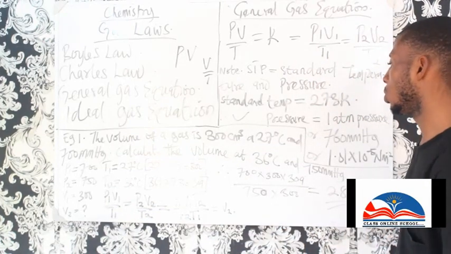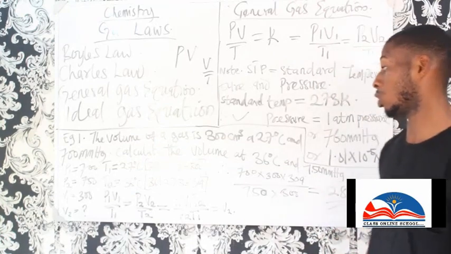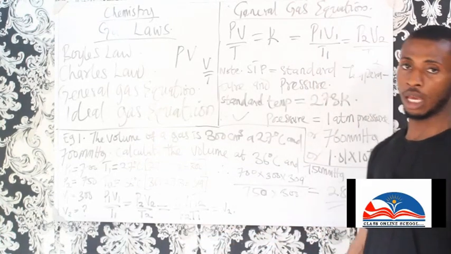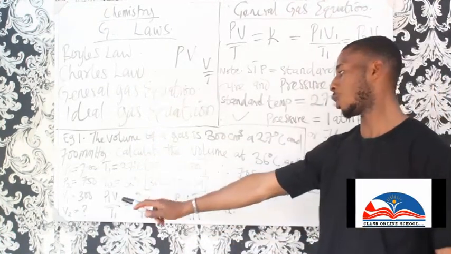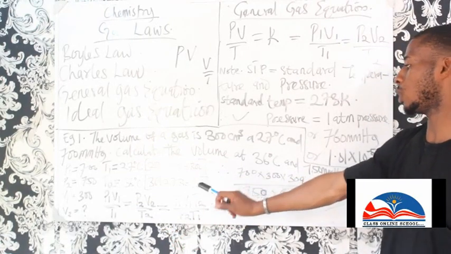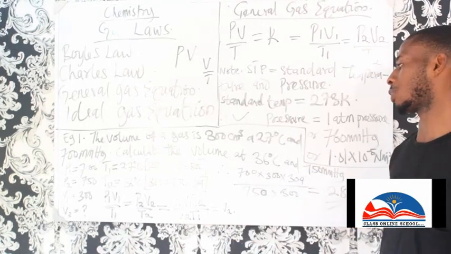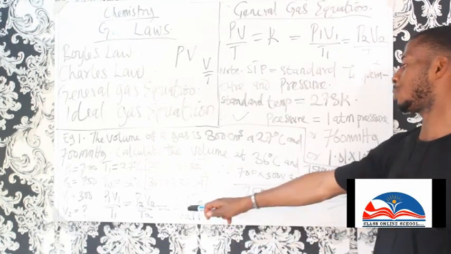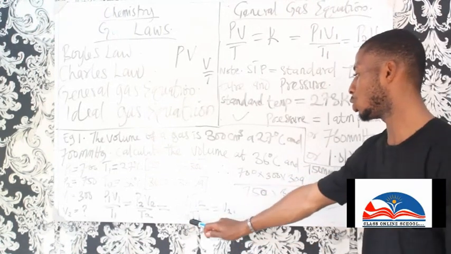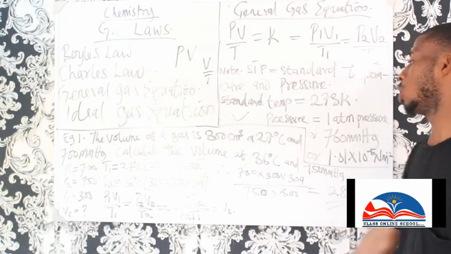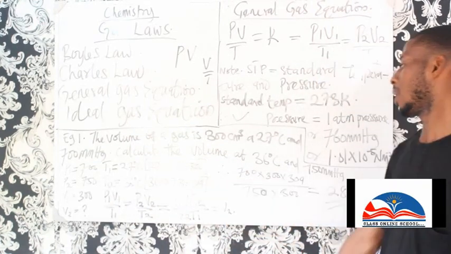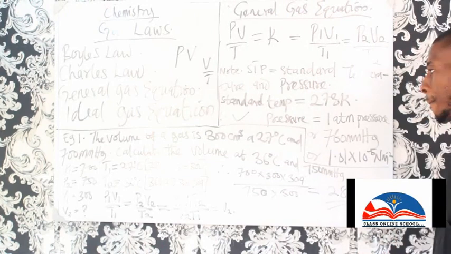What we do now is to put it in our formula, which is P1 V1 over T1 equals P2 V2 over T2. Cross multiply to make V2 the subject of the formula. I will have P1 V1 T2 all over P2 T1.